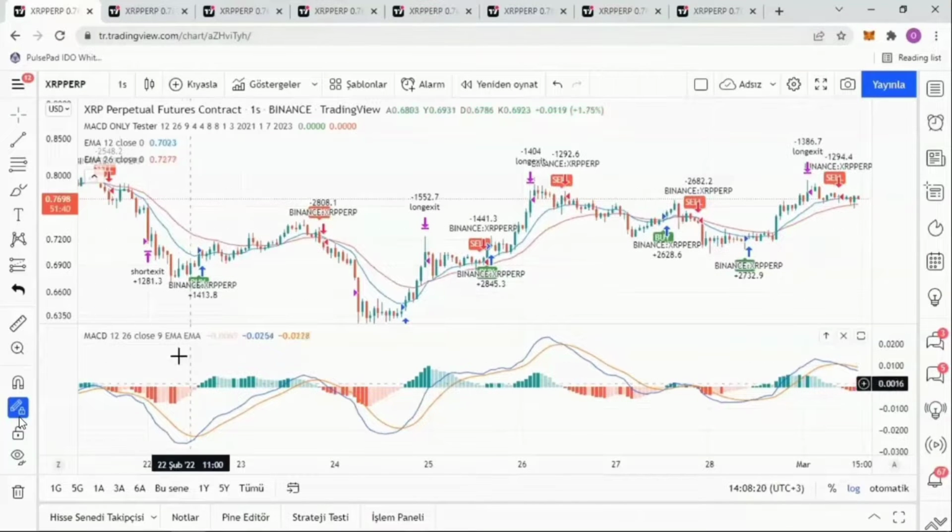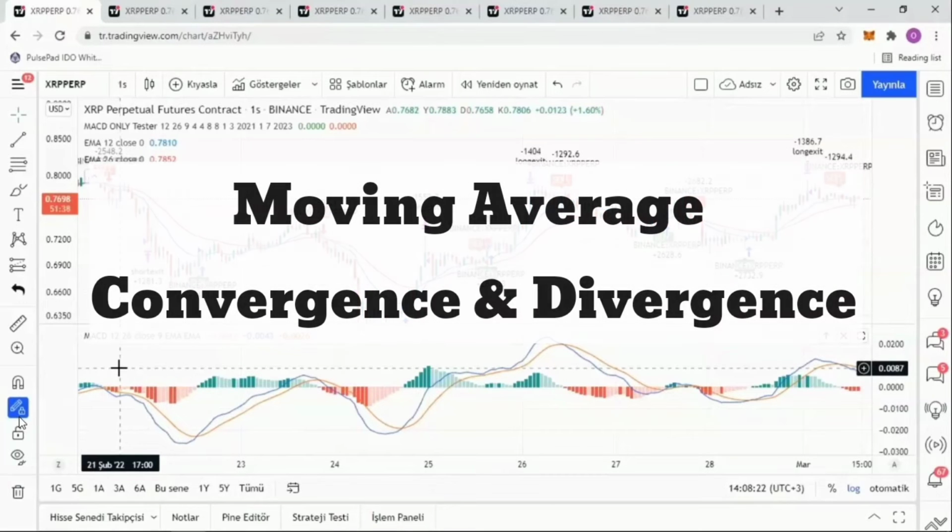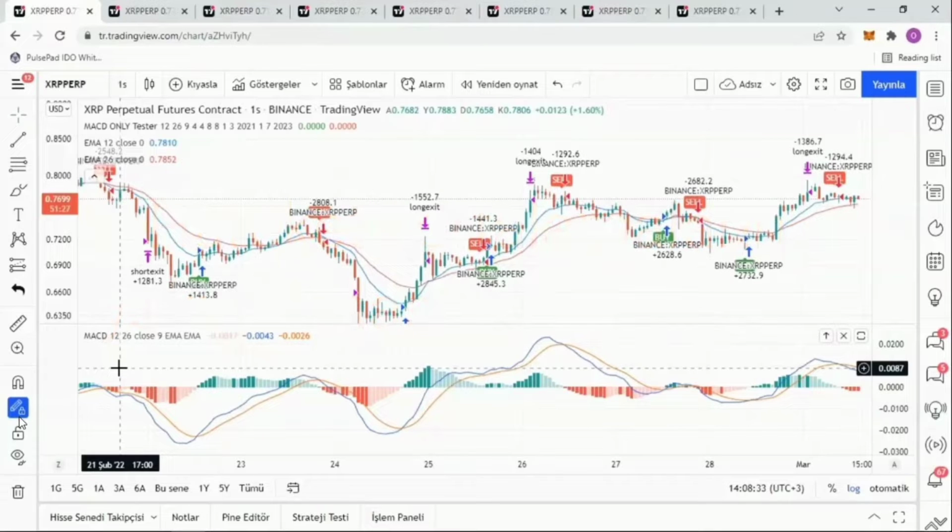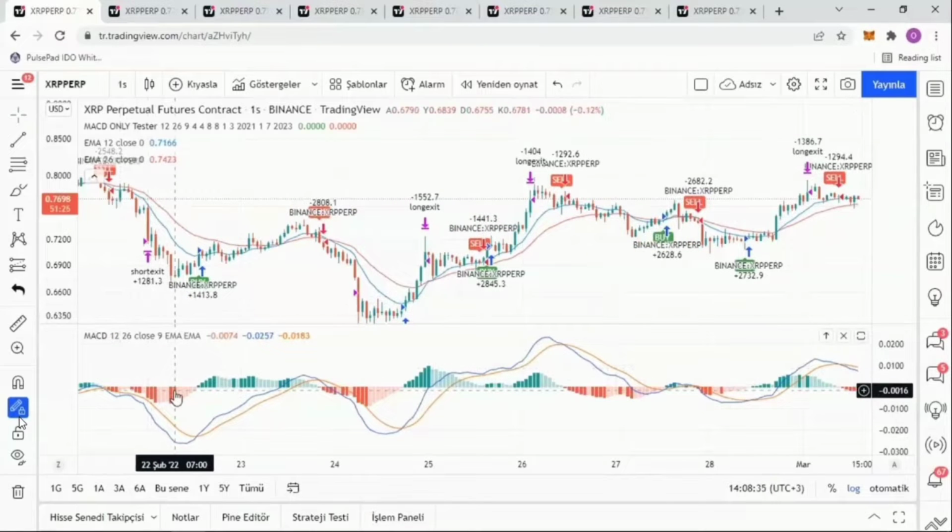MACD is an abbreviation for Moving Average Convergence Divergence. It's a trend following momentum indicator and it shows the relationship between two exponential moving averages. But what does that mean, right? That explanation does not help us decide how to use it.